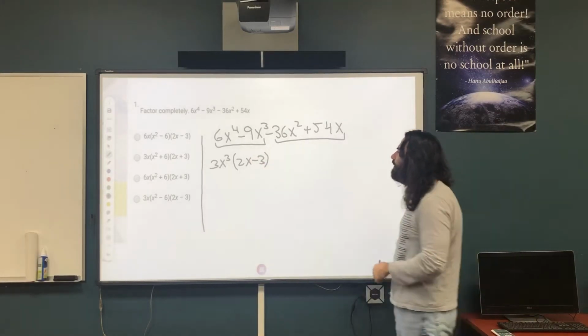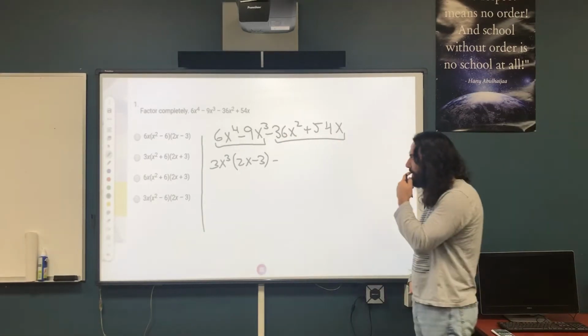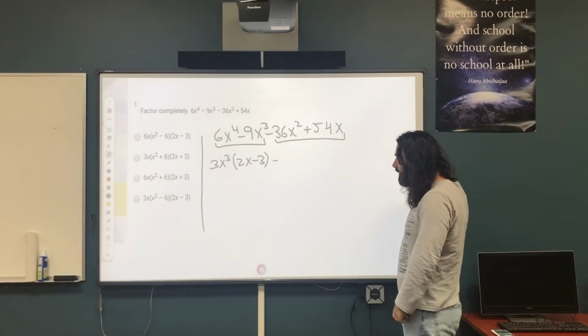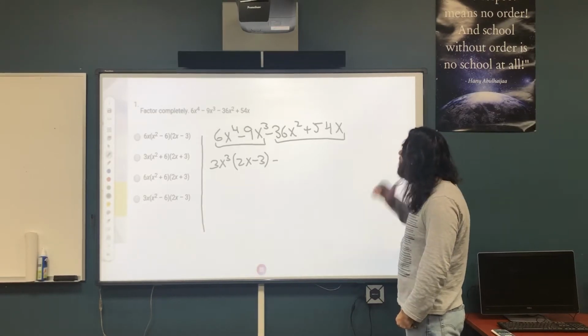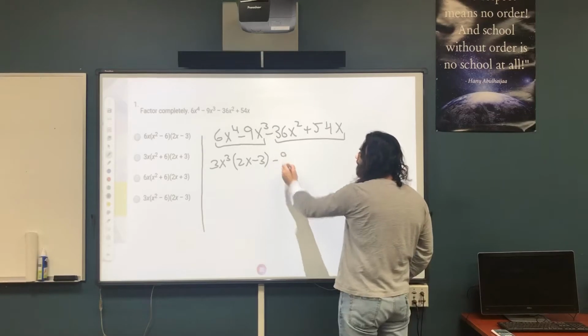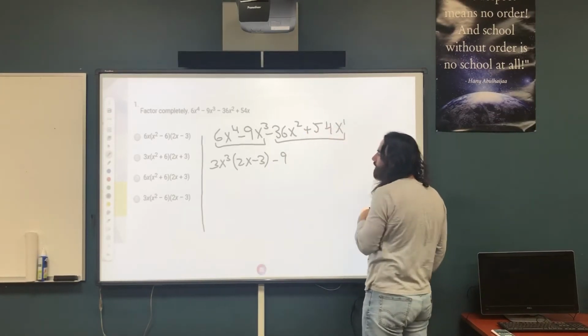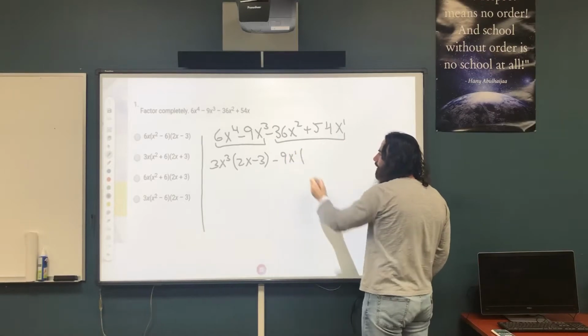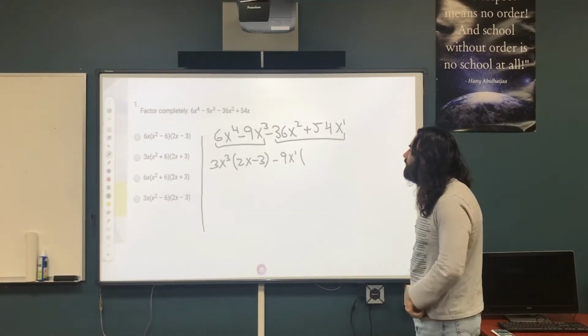Minus the same thing between the 36 and the 54. I think the greatest one is 12 maybe, or no. No, it's 9. And between x squared and x, meaning x to the power of 1, we use x to the power of 1. Okay? Oh maybe it's not 9.